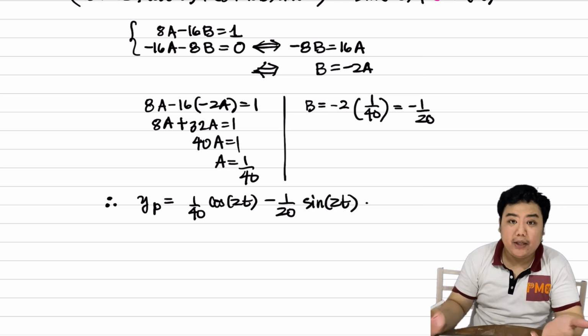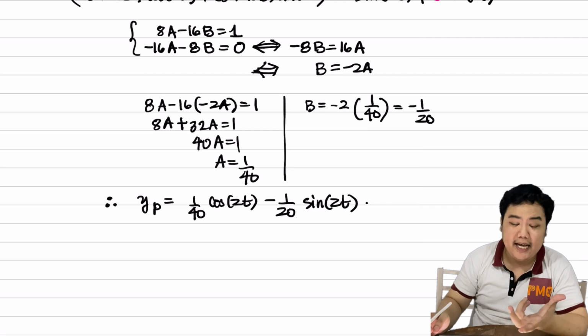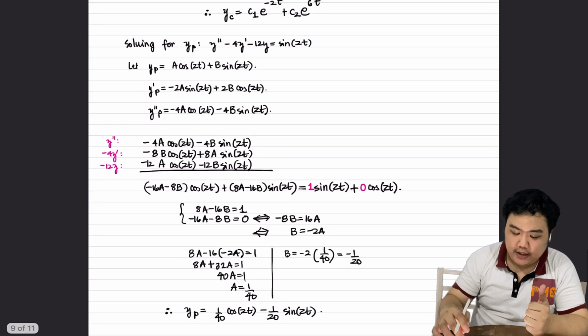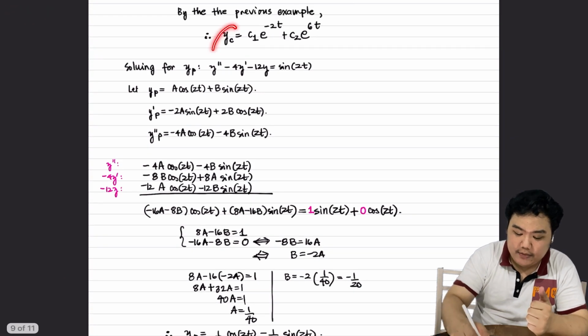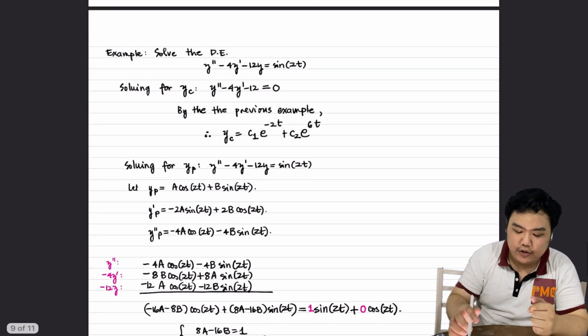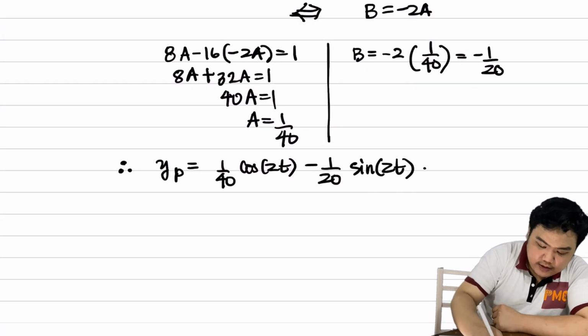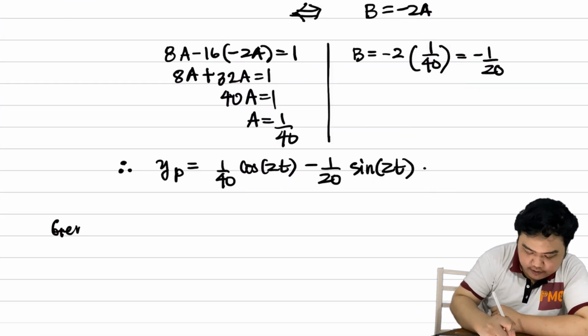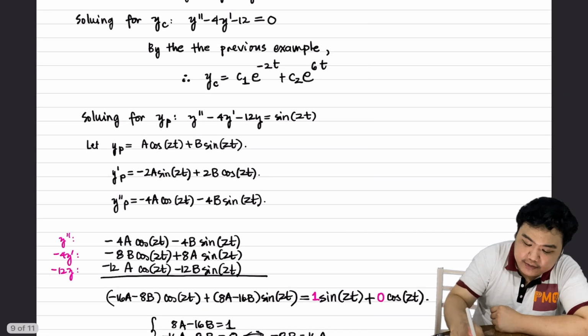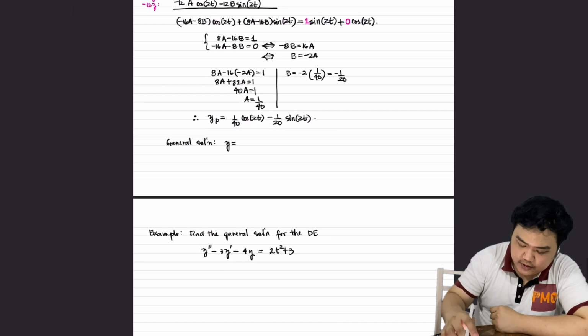It's not finished yet. That's only the particular solution. What we are asked to find is the general solution of the differential equation. So, the general solution is y sub c plus y sub p. So, that is the general solution of this given differential equation. So, the general solution, y equals y sub c. Let's copy y sub c.